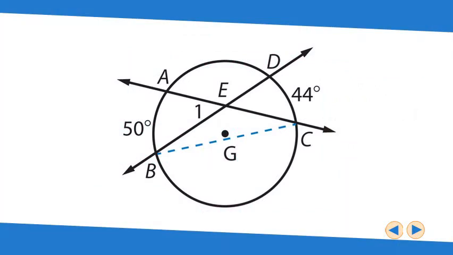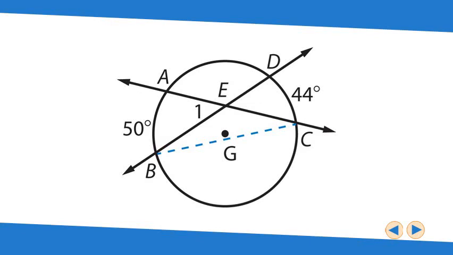Now we're getting into the issue of what about two secants that intersect inside the circle? How are you going to find the measure of angle 1? And if you look at your book, what they're saying is that the way you want to think about this is you want to think about another secant drawn from B to C. Our line postulate allows us to draw a line between any two points.